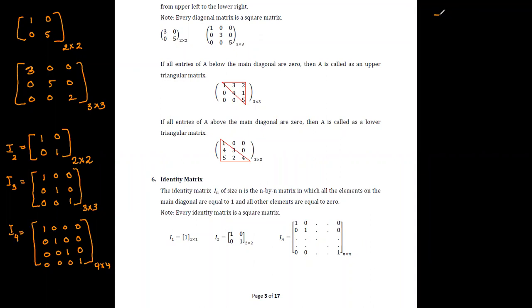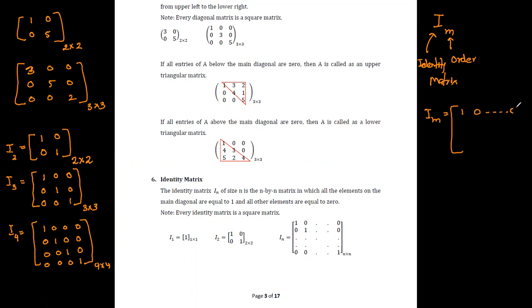And here, if it is of order m, we can say this is the order of the matrix, and this is the notation for the identity matrix. This I stands for the identity matrix and m stands for the order of the matrix. Therefore, if you construct I of order m, then we can say 1 is here.